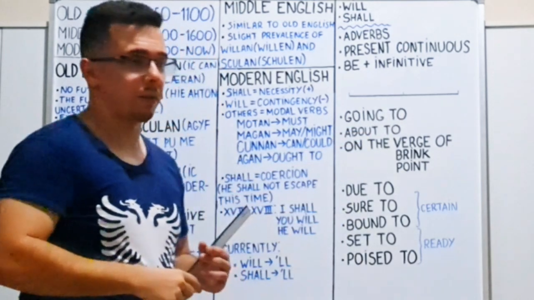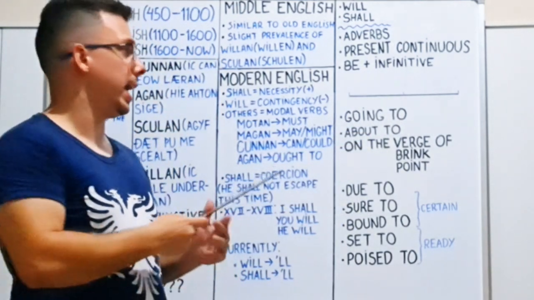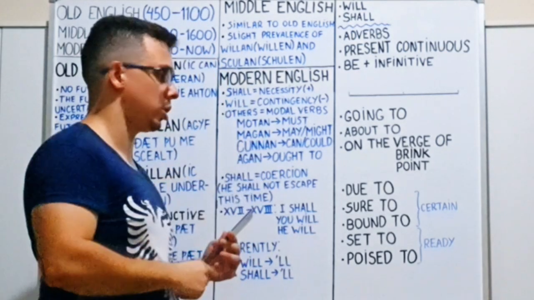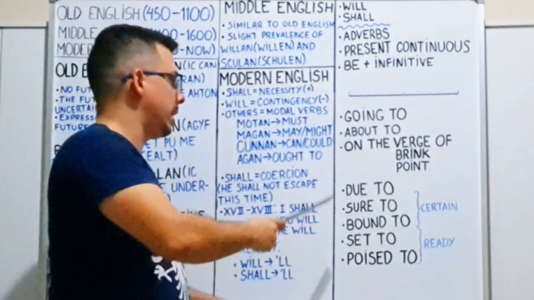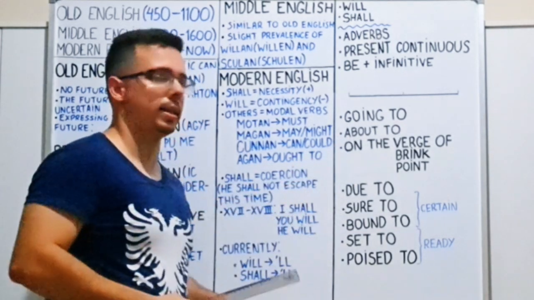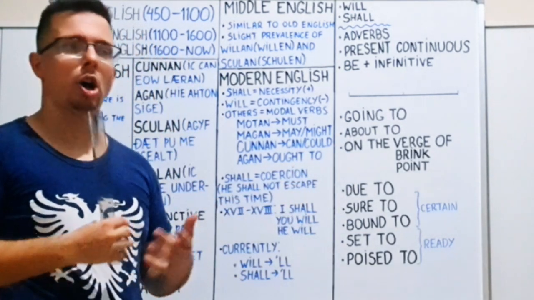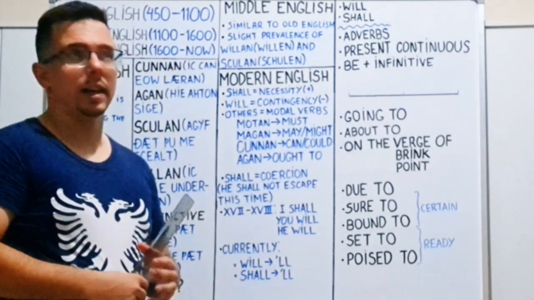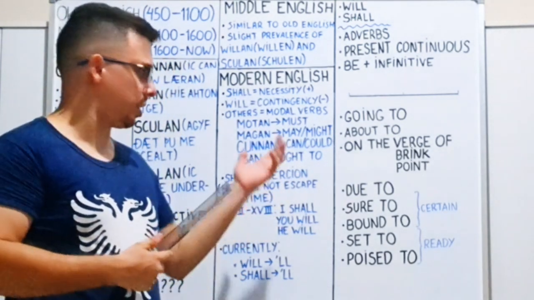Yeah, so that's a very popular explanation, and now you know how that relates to the very history of these constructions. Okay, these ones right here are very similar to going to in the sense of something just starting to happen. The first one is about to. I don't have much to say about this construction.